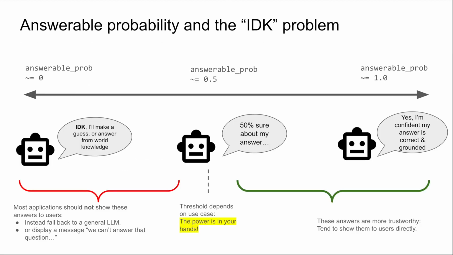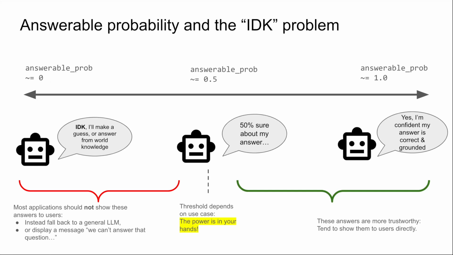What does this really mean? What it means in practice is that if the answerability probability is 0, then the model is extremely not confident in the answer. And an answerability probability of 1 means more confident in the answer.